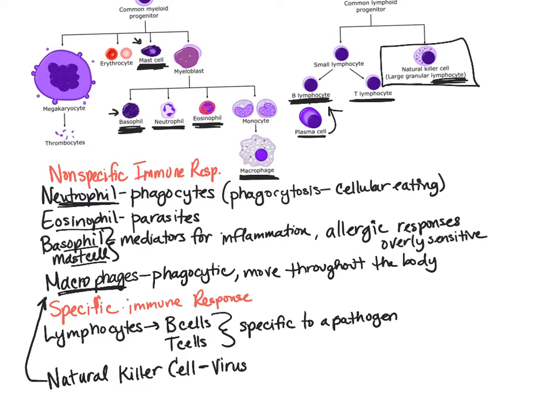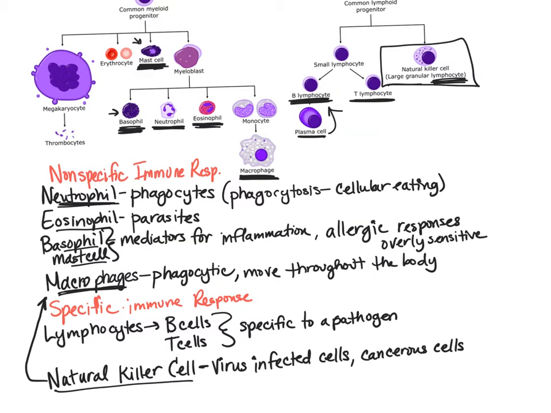So, virus-infected cells. They can determine if a cell is infected with a virus, and then kill that cell. Also, cancerous cells. Our natural killer cell is unlike the other non-specific immune response cells in that it determines if one of our self cells is infected with something or is cancerous, and then it will kill our own cell in an attempt to get rid of the viruses or stop the cancer from spreading.